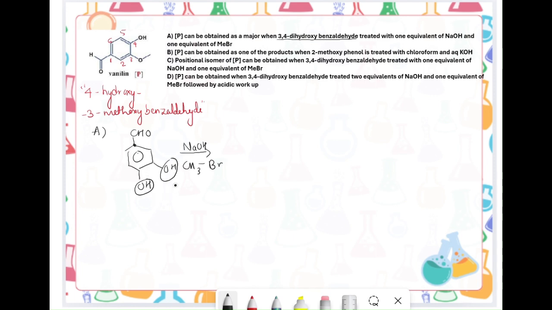If the OH on the para position reacts with the sodium hydroxide, because phenols are acidic in nature, NaOH is basic in nature, it's a kind of neutralization reaction, isn't it? Reaction between an acid and a base. You're going to get a salt. What salt are we going to get? A sodium phenoxide salt, like this. What about here? The OH will remain as it is, right? Why so?